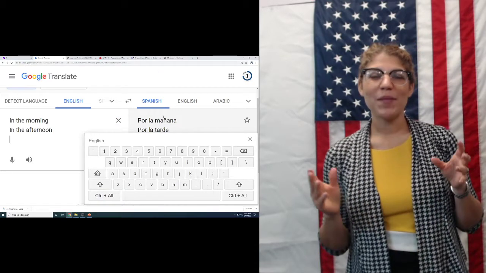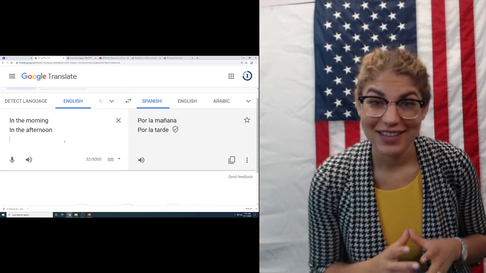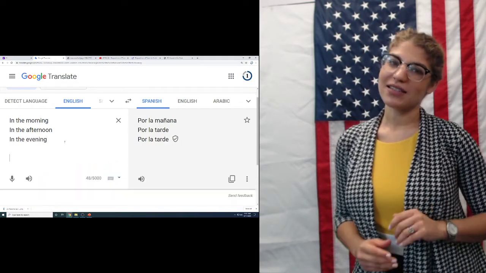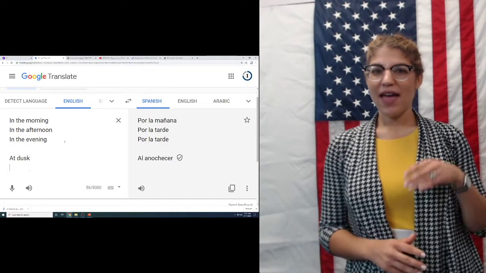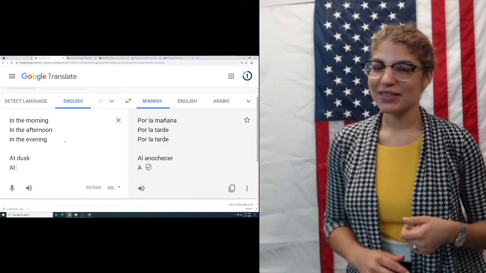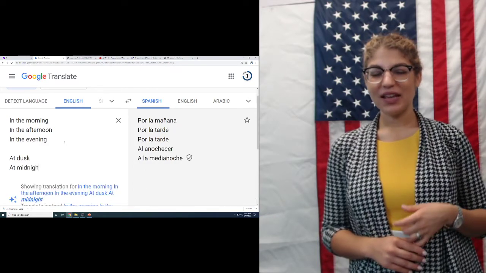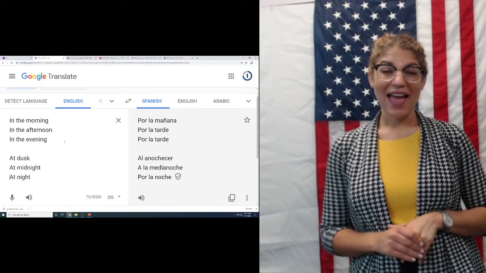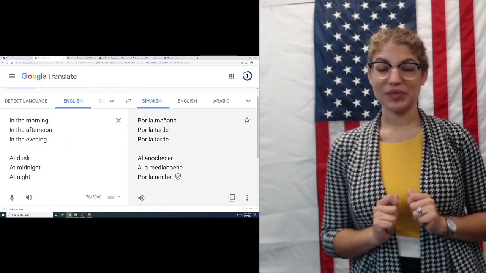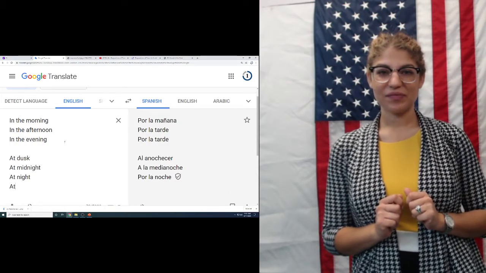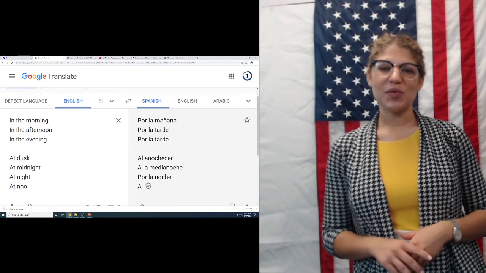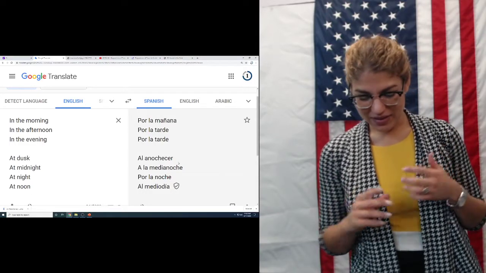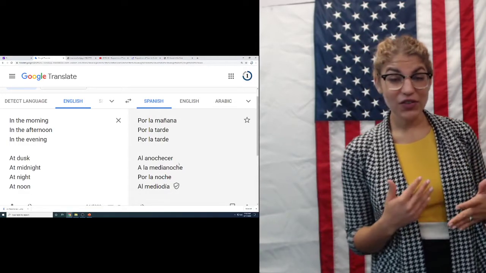When we talk about a more specific time, for example, at dusk, at midnight, at night, at noon. For these, we will use the word at because, and Miss Carlita talked about this earlier.